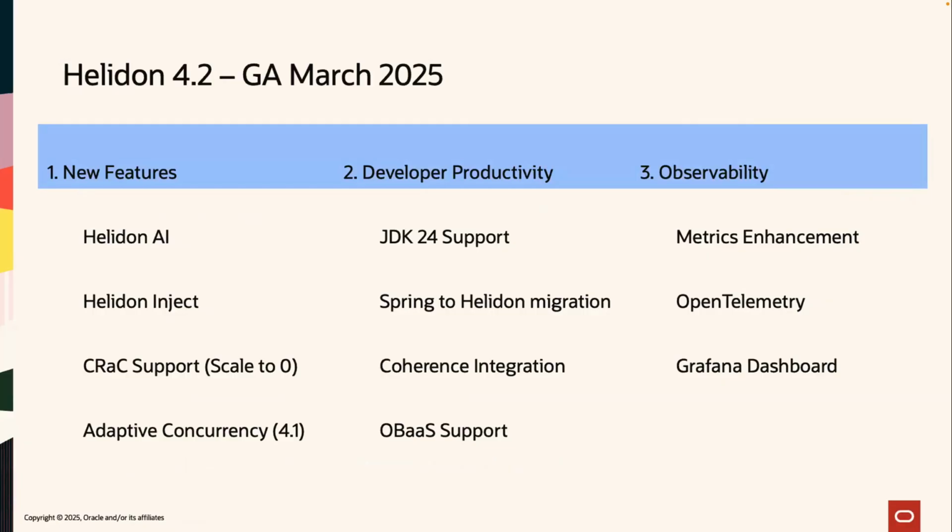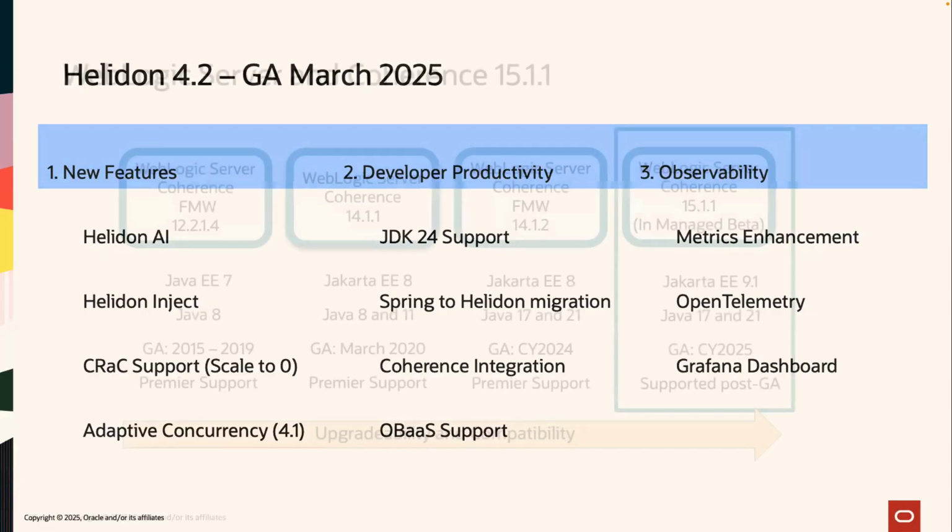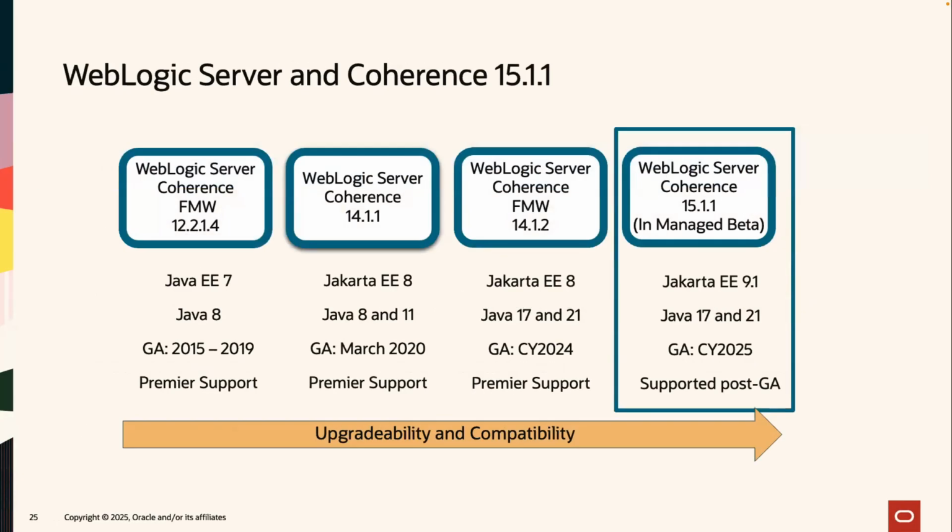That's a service that enables you to build applications specifically for the Oracle database on Oracle Cloud, and other capabilities. So we continue to deliver new releases of our strategic Java microservices framework.